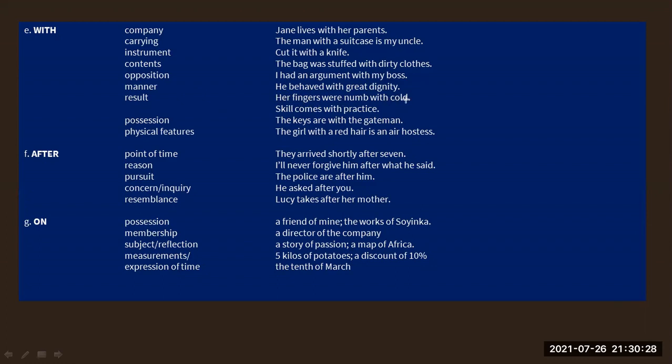The result of the cold was that her fingers were numb. Then to indicate physical features, you can say the girl with a red hair is an air hostess. That's indicating the physical features of someone or something.